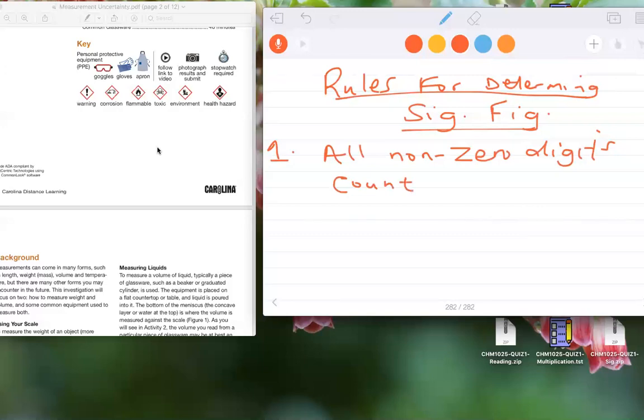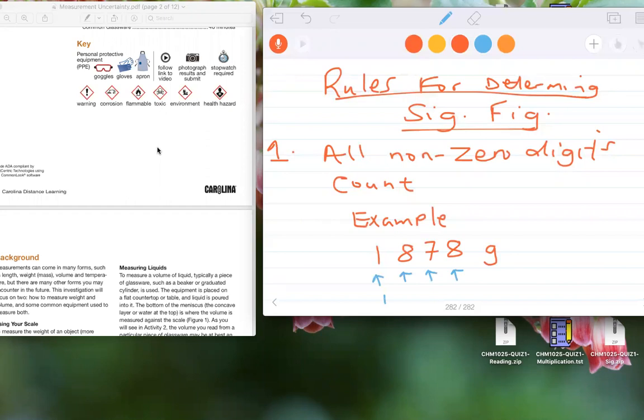For example, if I have a mass of 1878 grams, we count significant figures from this: 1, 2, 3, and 4.